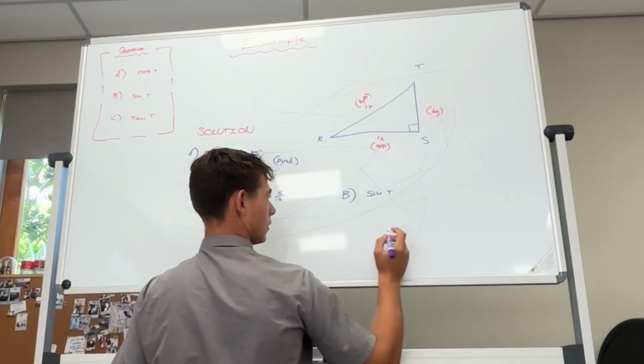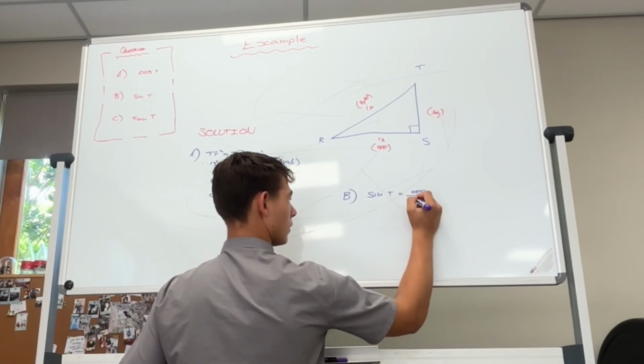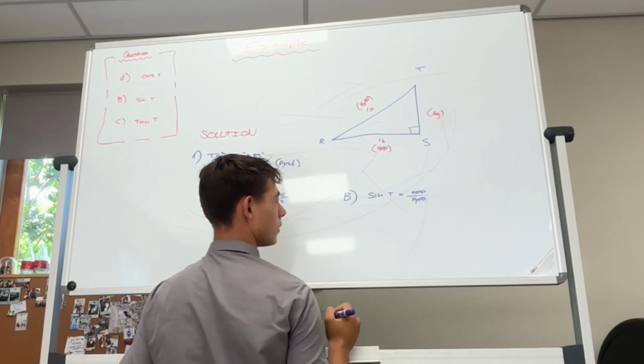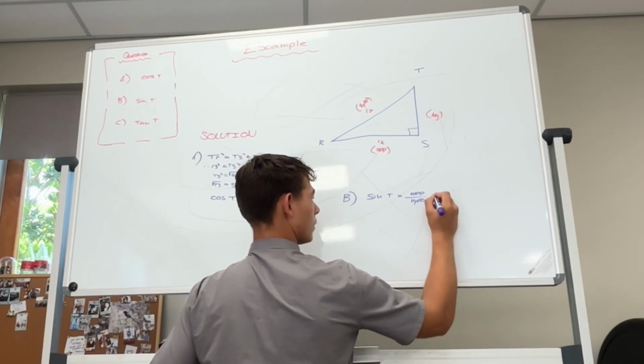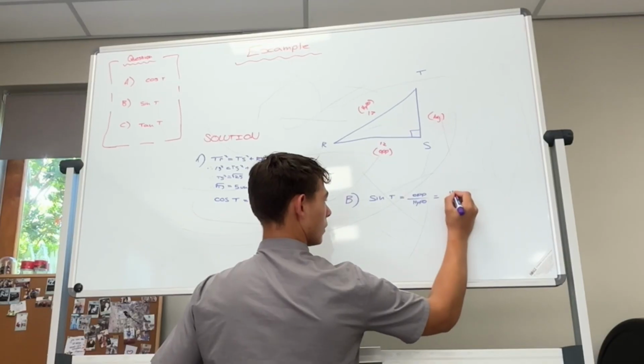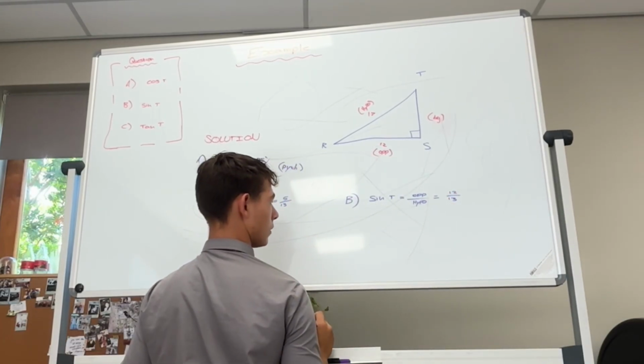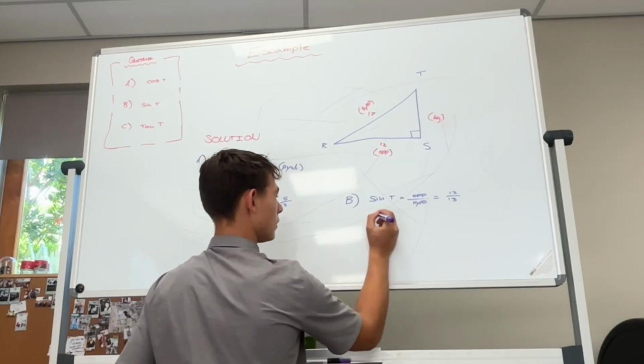Sin T is equal to opposite over hypotenuse. We substitute those values in, and our opposite over hypotenuse is equal to 12 over 13. Therefore, we now have our sin value.